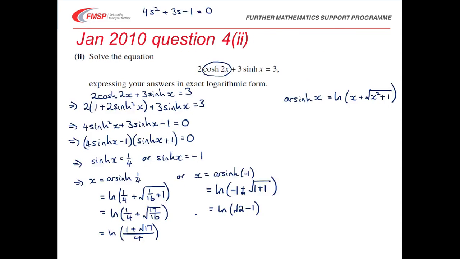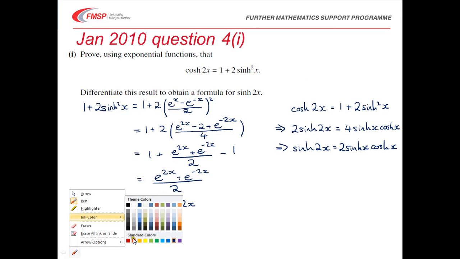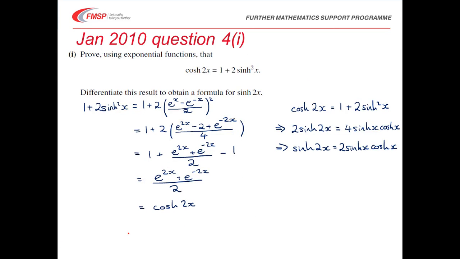Okay, let's see how the mark scheme works for this question. For part 1, there is a single mark for knowing that e to the x minus e to the minus x all squared is equal to that expression there. There's then another mark for the correct completion.